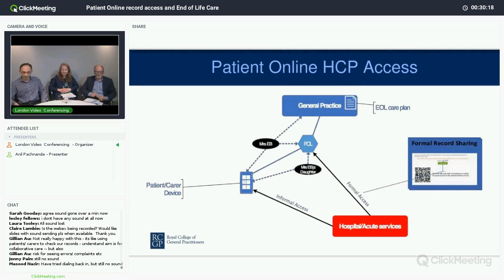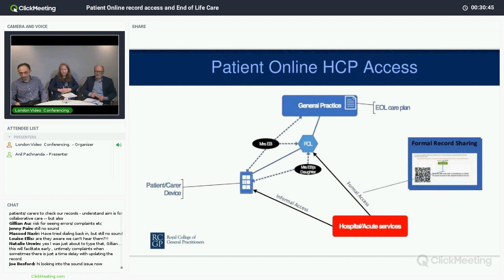It's a much more informal method, but if all information is coded correctly, it gives people access to all the information they normally have access to: their repeat medications, their allergies, that sort of information that might be useful in an acute or end-of-life setting even. The other method, which is more formal, is where you use the vendor's system.